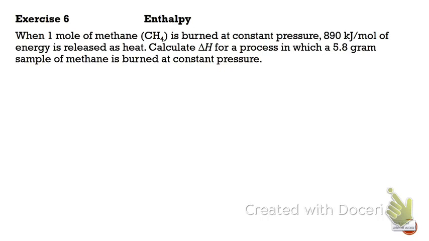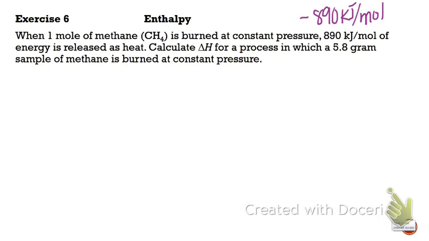Now we have 1 mole of methane burned at constant pressure, and 890 kilojoules per mole of energy is released. So that means it is negative 890. When you see things like that, it's not a bad idea to immediately write it down so that you don't accidentally use it as a positive value. Calculate the delta H for the process if 5.8 grams of methane is burned at constant pressure.